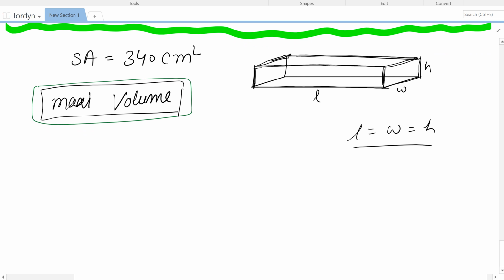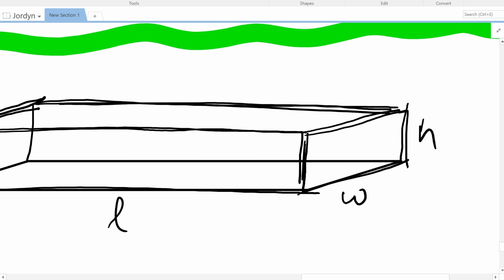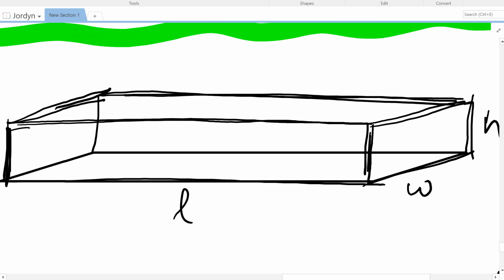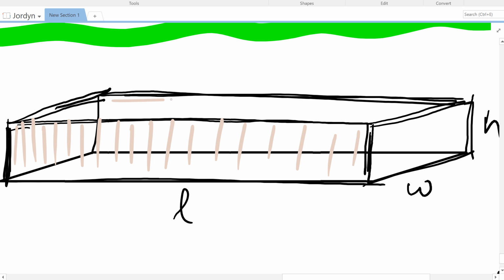Now the surface area, you have to know how to find the surface area of that. How many walls are there? There's one at the front, let me color this shape, the front face, right? And the same wall is down there at the back. They have the same area, so we multiply.